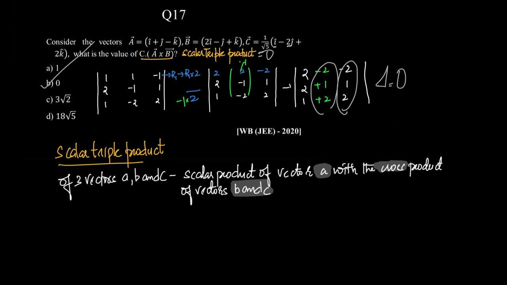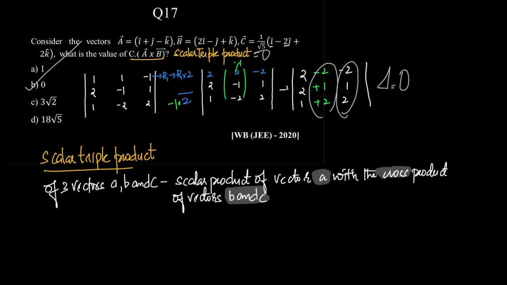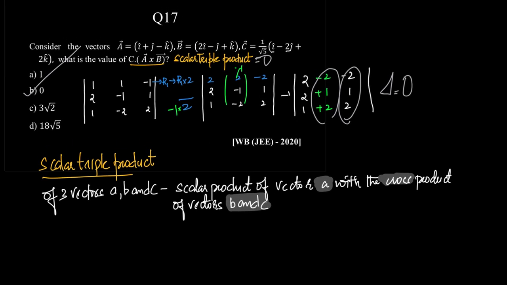Now, how is this represented mathematically? We use the symbol triple product [A, B, C], or this can also be written as (A, B, C), or as vector A dot B cross C. This is the basic definition of scalar triple products.